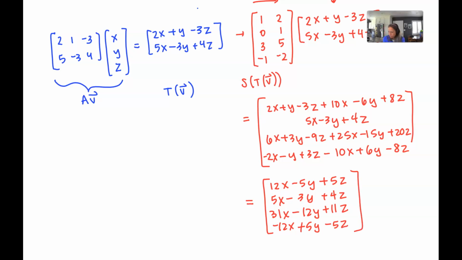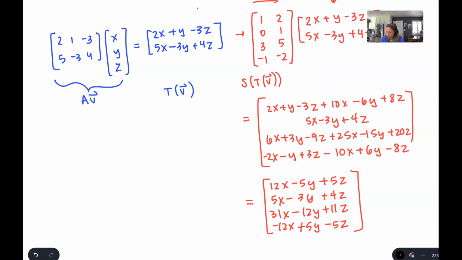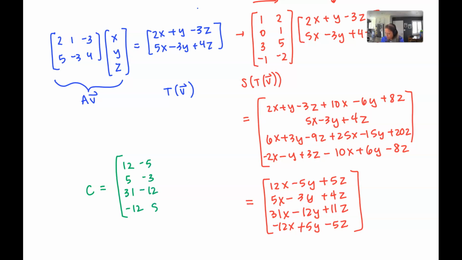So we have this as our result. If I really wanted to, I could go all the way back to this thing and give you a new standard matrix. Instead of doing all of this work, if you want to do this multiple times, let's just define the standard matrix for this composition as 12, -5, 5, 31, -12, 11, -12, 5, 0, 5, 4, -5.